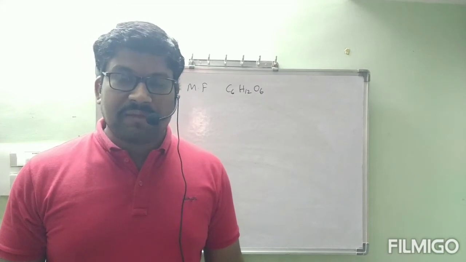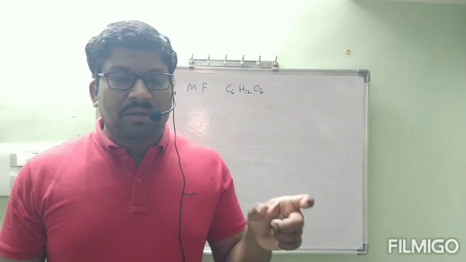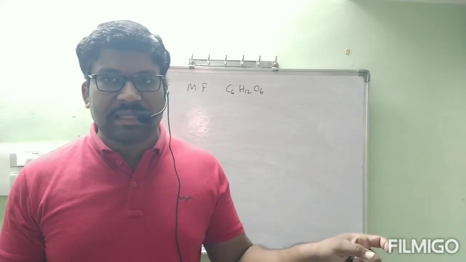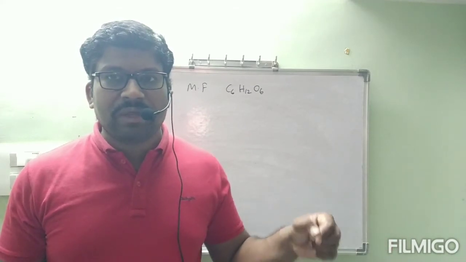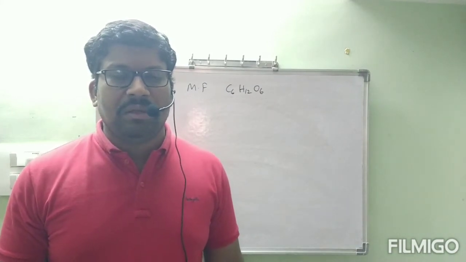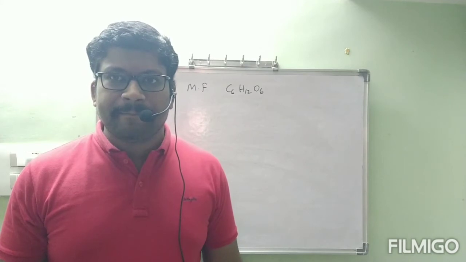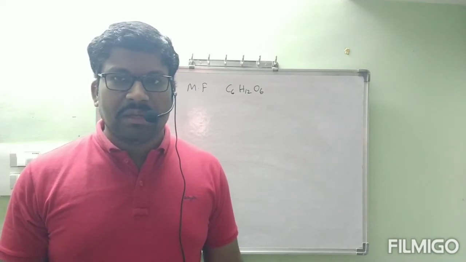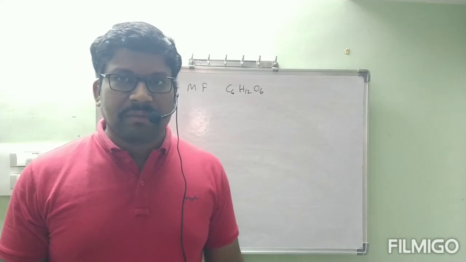Questions will come in a way that, suppose when glucose reacts with HI, it will form n-hexane. What conclusion can we make from this reaction? The conclusion is very important. When glucose reacts with hydroxylamine, it will form oxime.